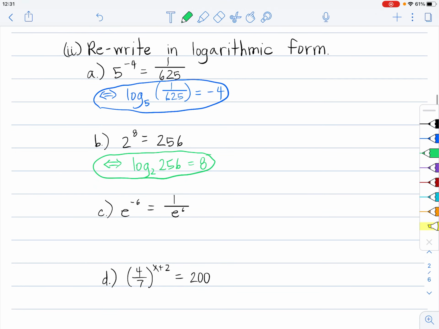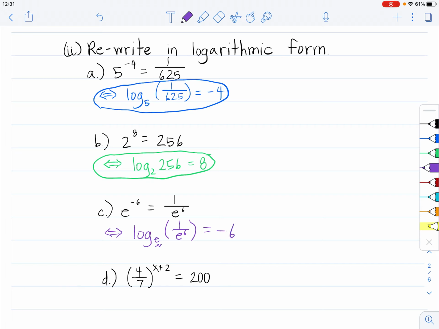Okay. C, e to the negative 6 equals 1 over e to the 6th. So this is true if and only if. The base is the base is the base. This is log base e of 1 over e to the 6th is equal to negative 6.